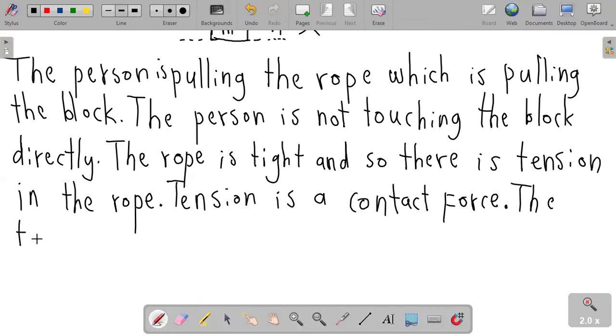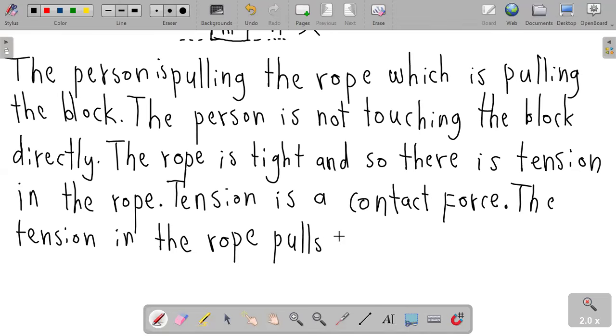The tension in the rope pulls the block across the floor.